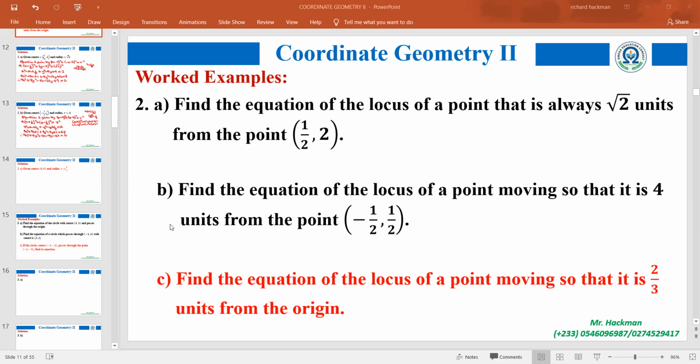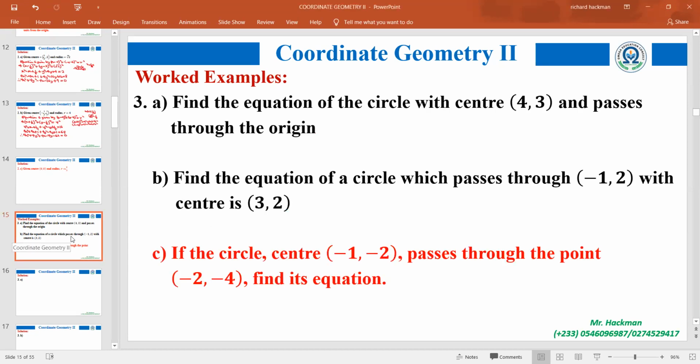So welcome back. Now let's see our next question. So the next question, this is what we have. Find the equation of the circle with center and passes through the origin. Who can tell me the information that you have? I want someone to tell me the information provided there.